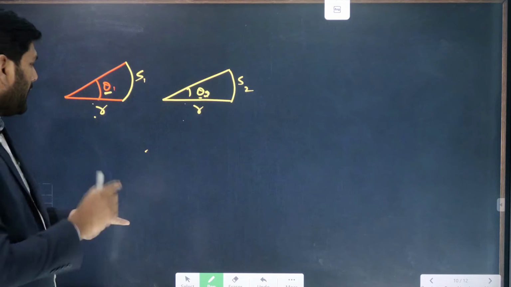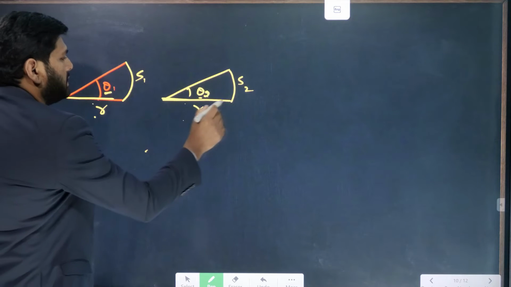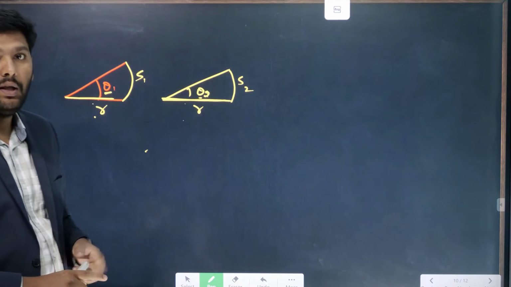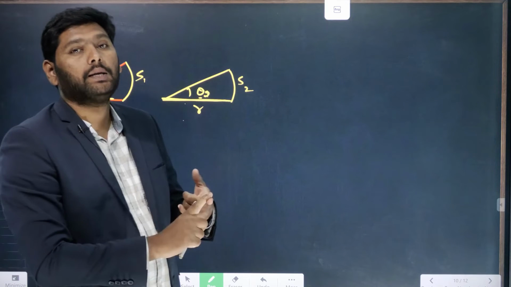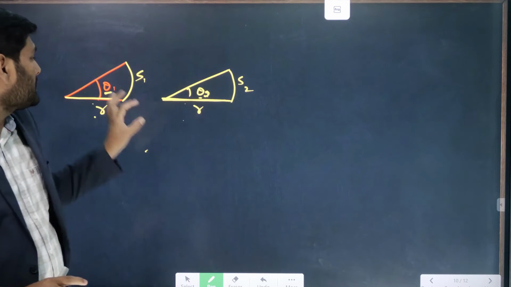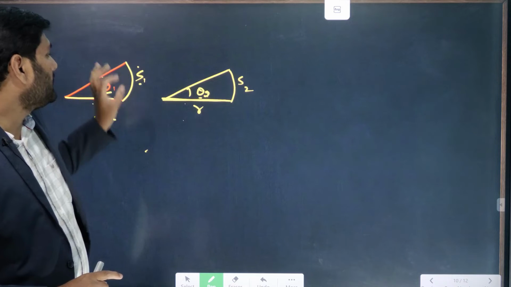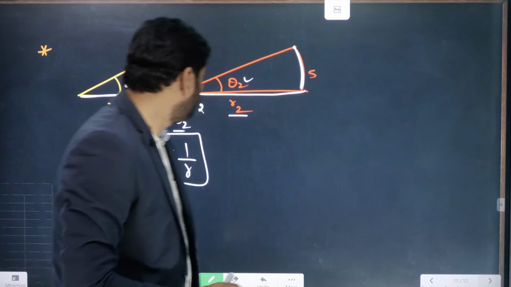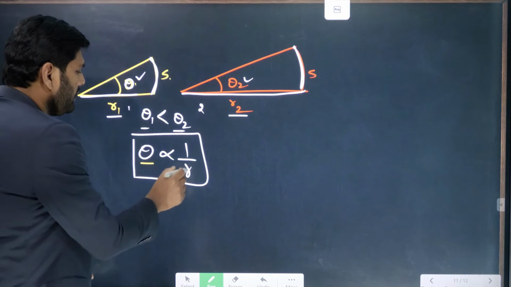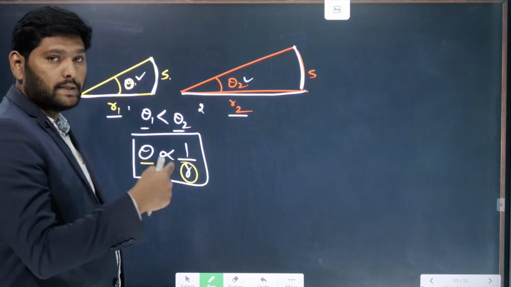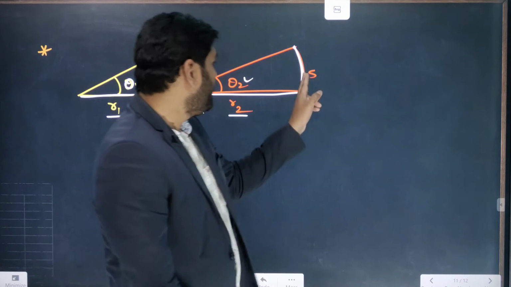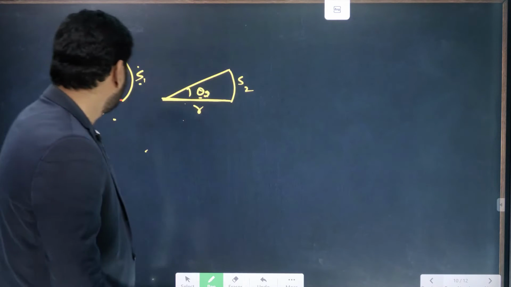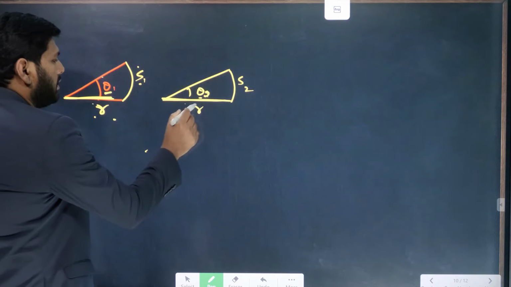So in this case, I'm keeping the radius constant. In the previous case, I kept the arc length constant.